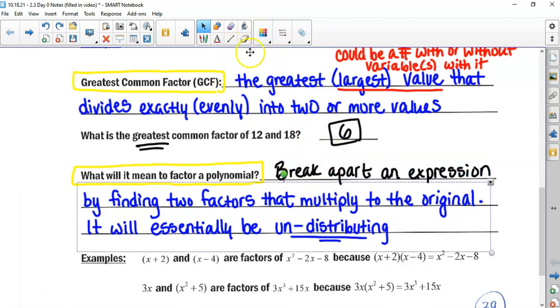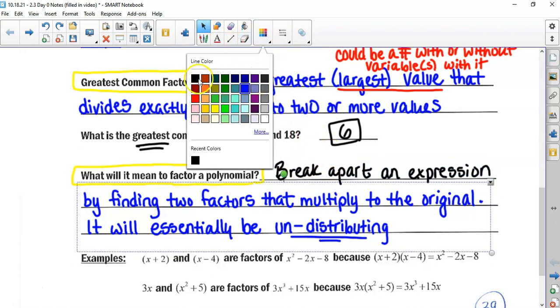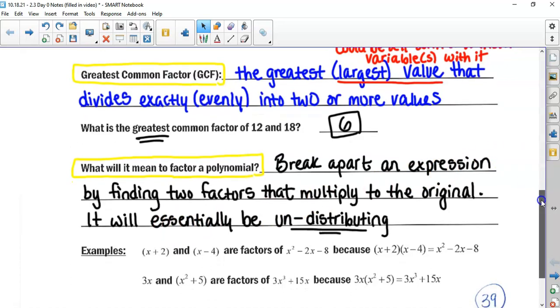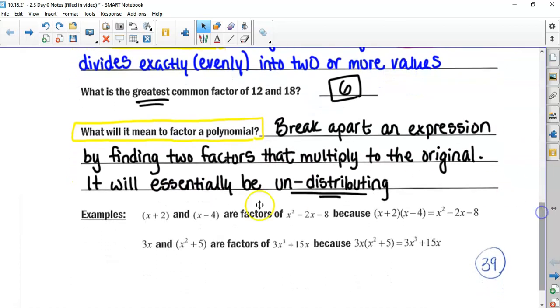A little contrast here, so this step stands apart from what we just wrote before. So to factor is to break apart an expression by finding two factors that multiply to the original. It's essentially undistributing, so you're breaking it apart into smaller pieces. We have two examples written for us here.